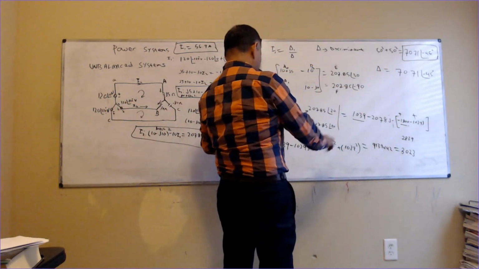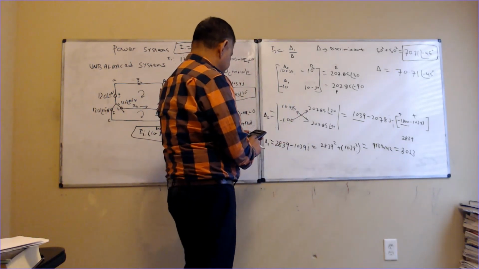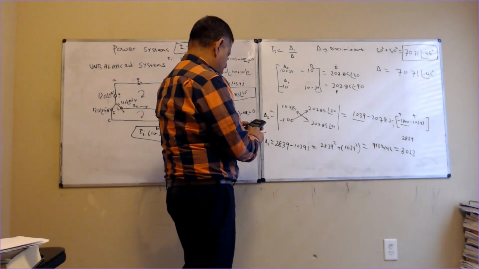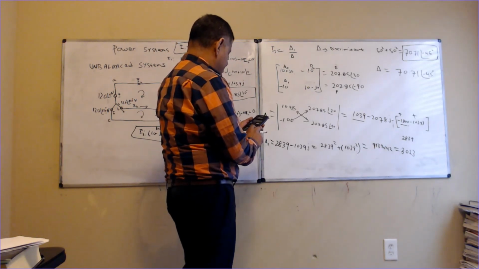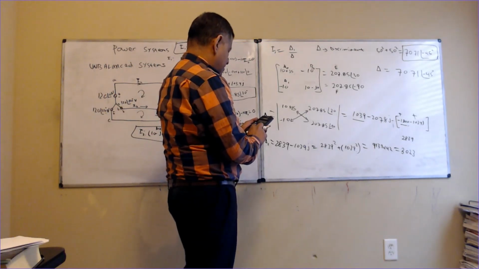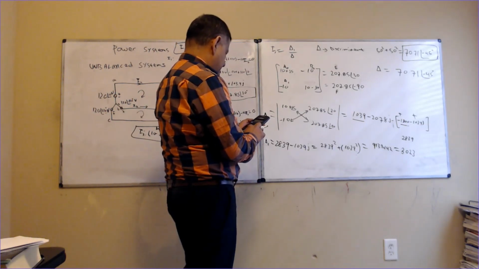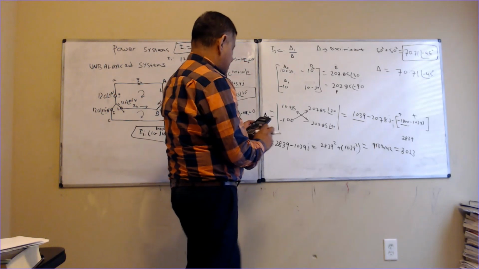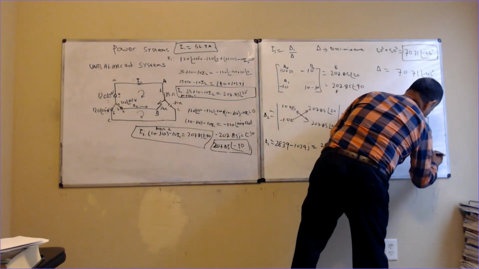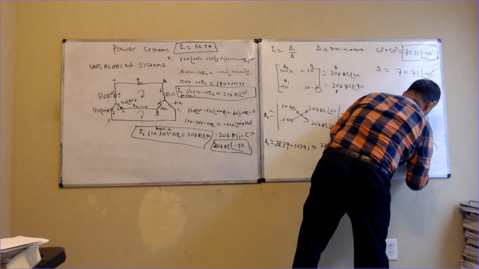And then the angle of this is going to be inverse tangent of negative 1039 over 2839, which is equal to a negative 20 degrees. Again, with decimals, I'm not going to worry about that.